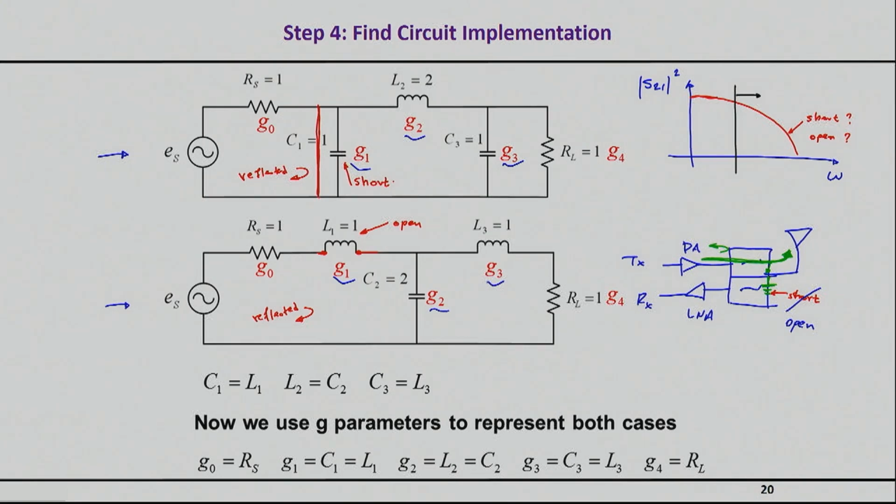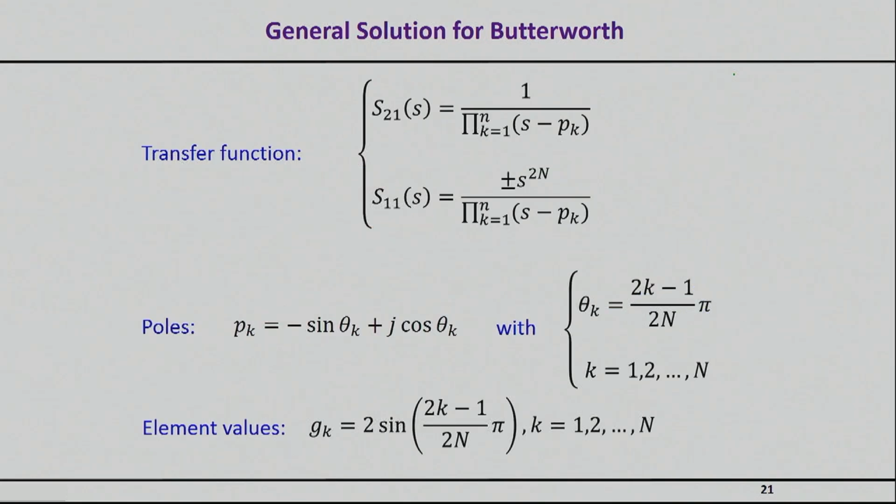So if you're designing a single filter, maybe you care, maybe you don't care how the filter rejects. But when you design systems and you design diplexers, it actually matters a lot. And so often in real life, we have less flexibility than what the math makes it look like. Now, this is a general solution for Butterworth, and I'll give you the equations for Chebyshev as well.